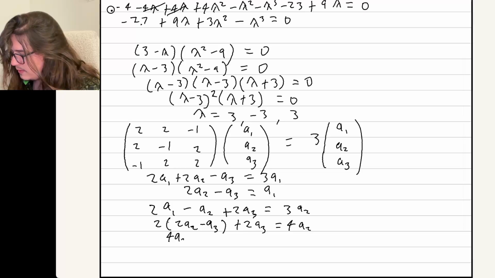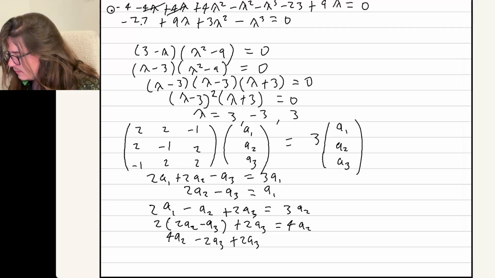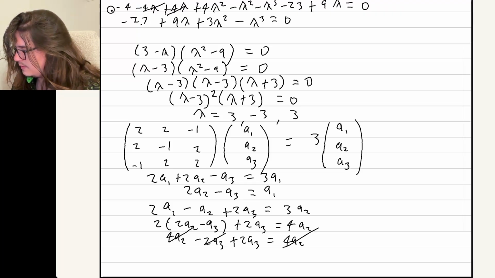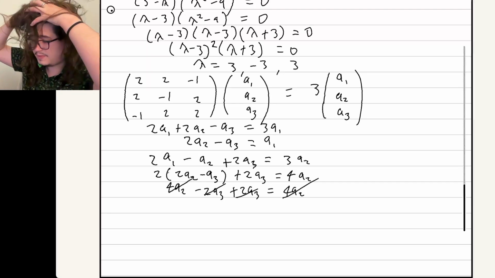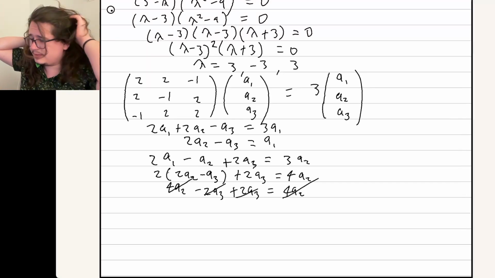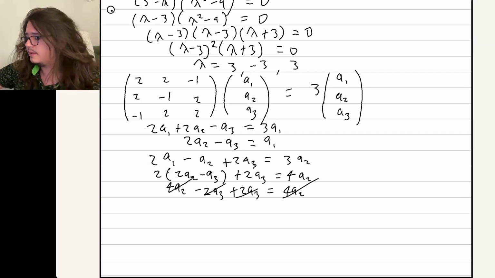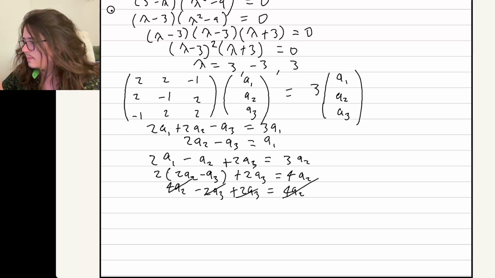So we have 4a2 minus 2a3 plus 2a3 equals 4a2, and all of these actually cancel out, which means a2 and a3 end up being free variables, and a1 is dependent on either of those.